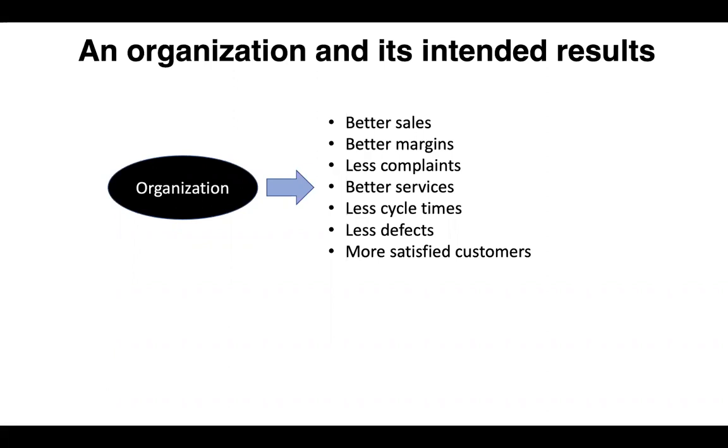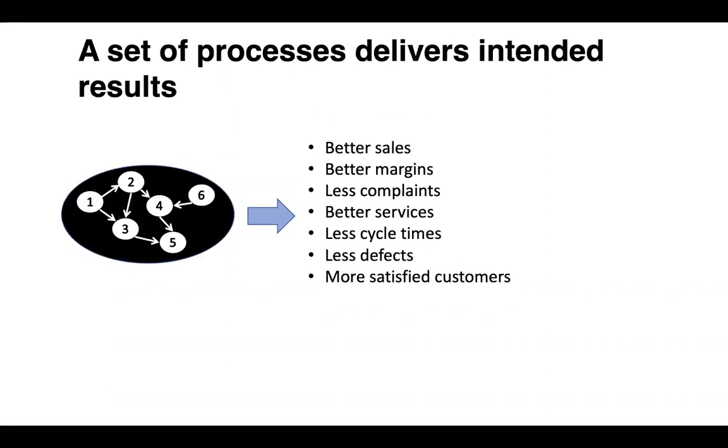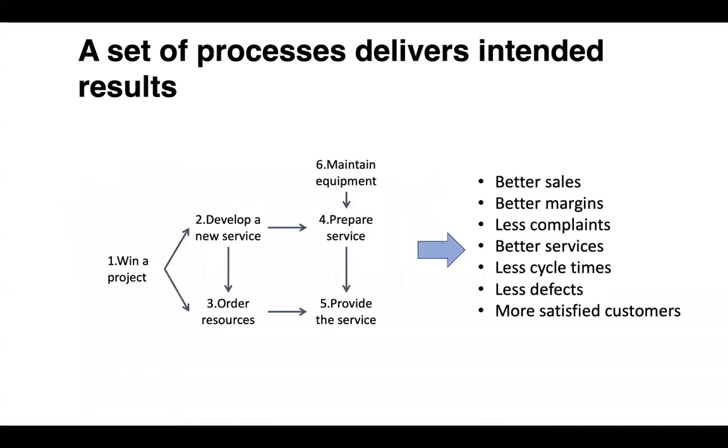And now we can open, let us zoom into the organization, open the black box to find out which processes are present and how they interact, something like this. We can translate this into an example. When this organization wins a new project, process 1, they must start ordering resources, process 3, needed to provide the service. At the same time, winning a new project means developing a new service, process number 2.